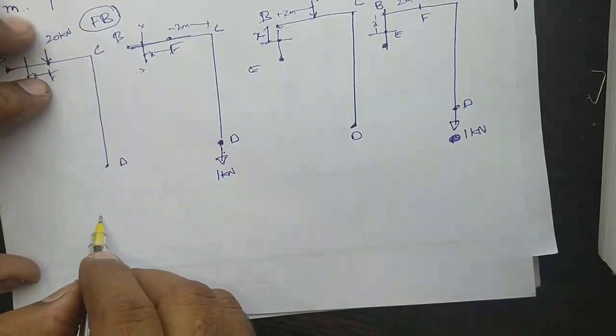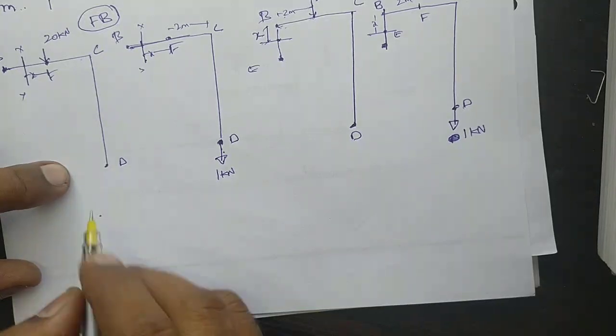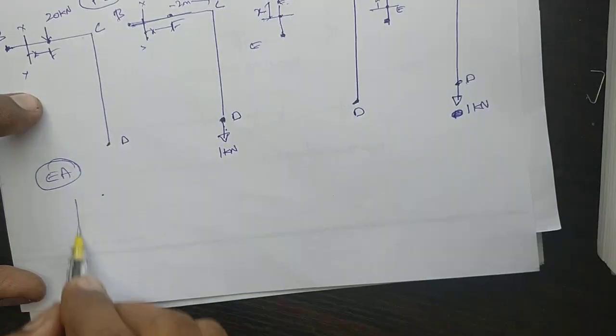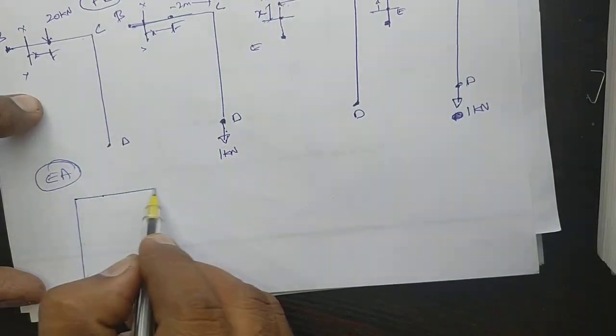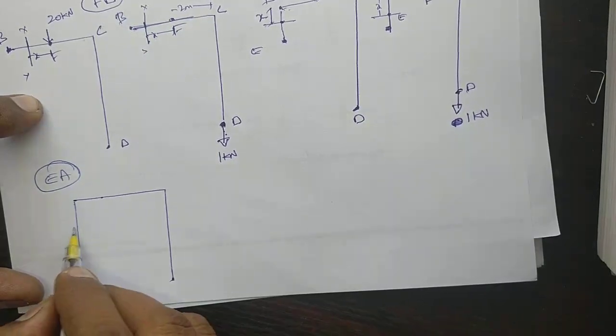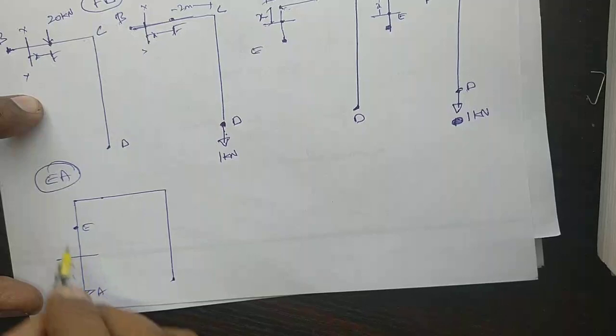Now we will take your last limit, that is EA. So you have a frame, total frame. Here E is here and this is A. So your cross section is here.